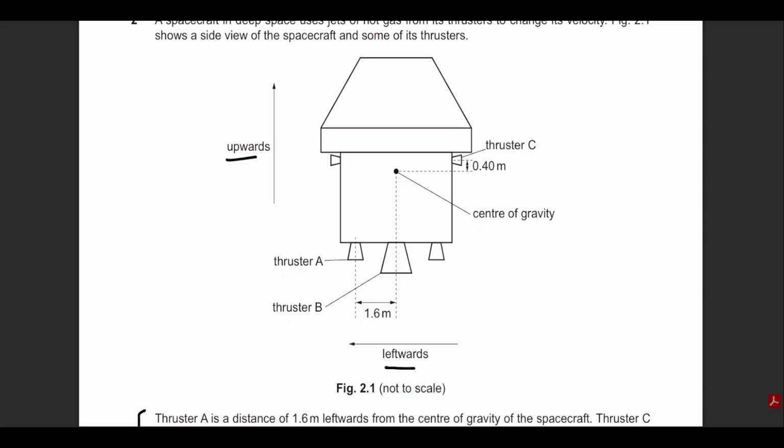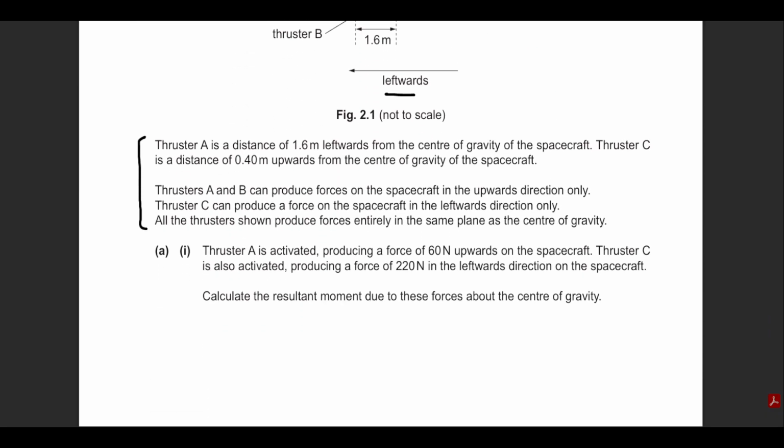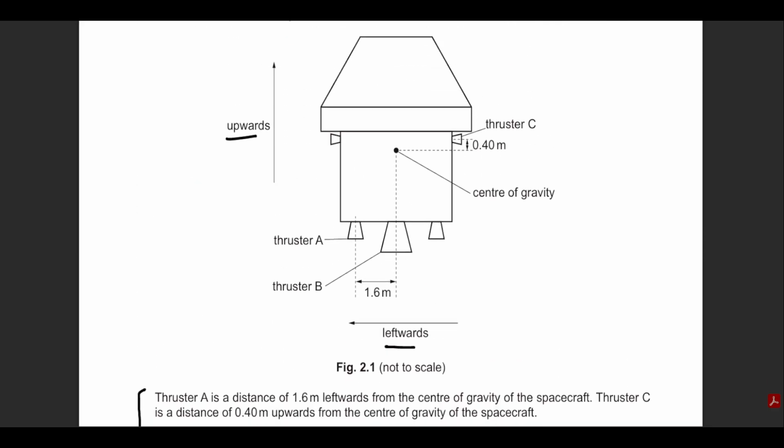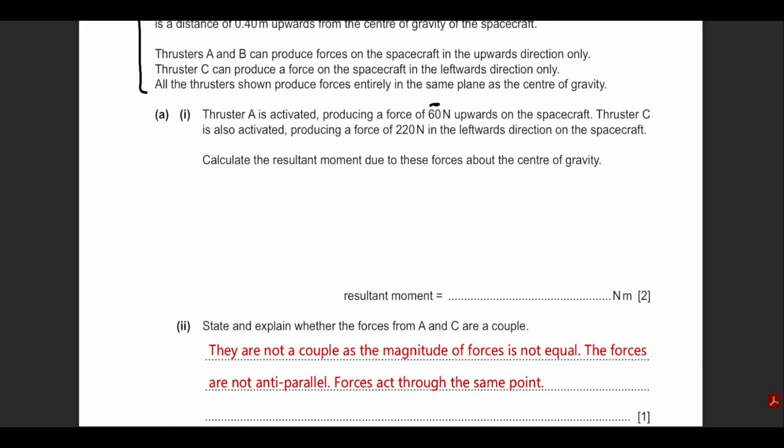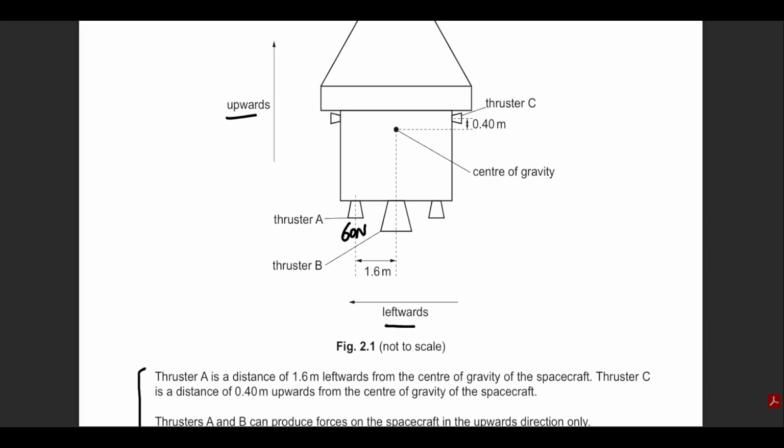Now, it's quite possible that, so we have thruster A at 60 newtons, and thruster C in this direction at 220 newtons. This is in this direction, approximately 60 newtons.